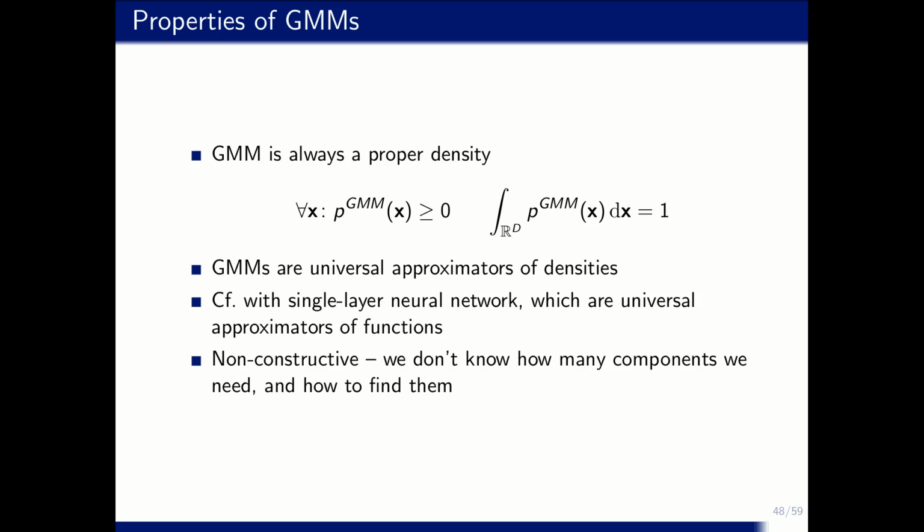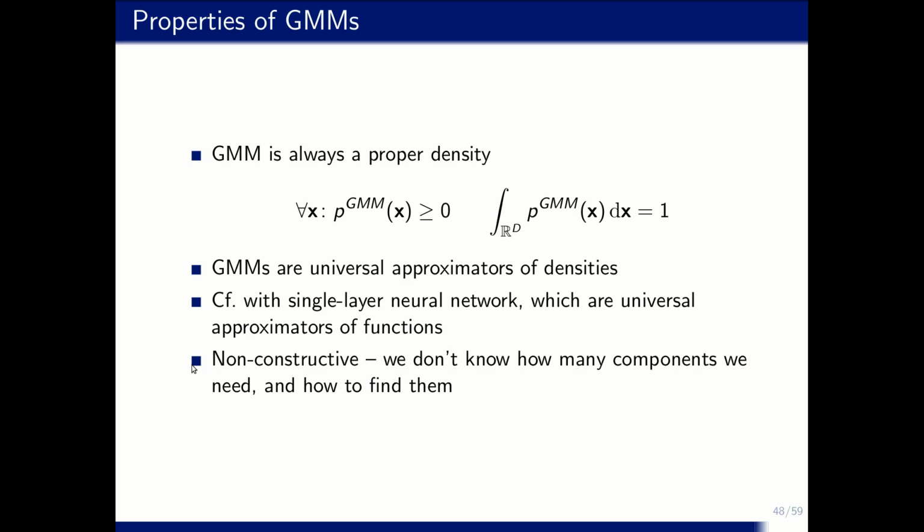This is pretty much related to what we discussed for single layer neural networks, the single layer multi-layer perceptron, where we saw that even with a single layer, neural networks are universal approximators of functions. This here is pretty much the same story. So we can approximate any desired density with a Gaussian mixture model.